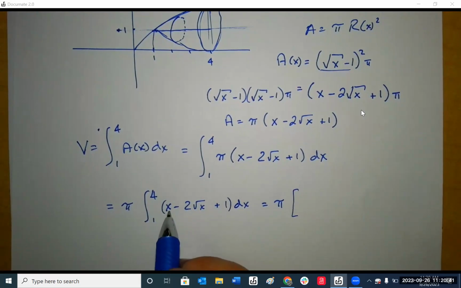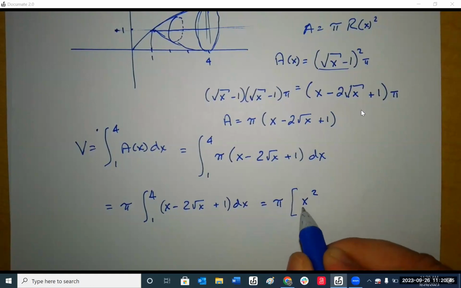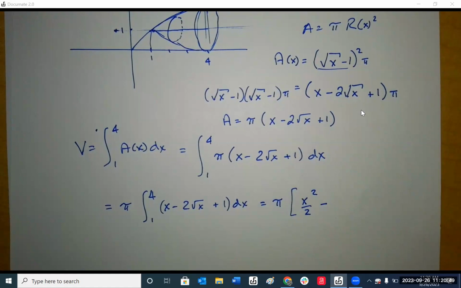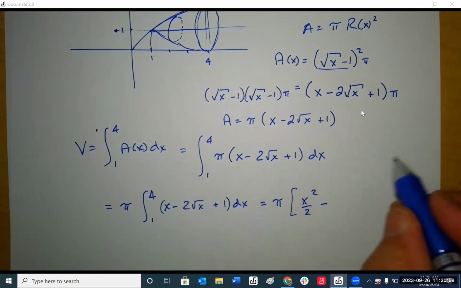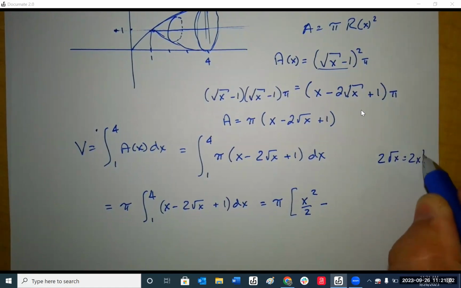The integral of x is x squared over 2. What's the integral of 2 radical x? 2 radical x becomes 2x to the power 1/2.